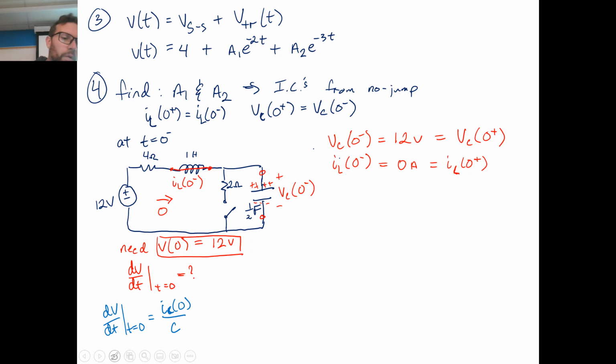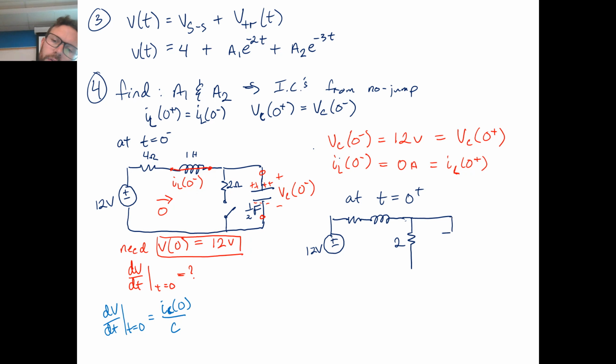And so what we should do then is look at t equals 0 plus. All right, so we've got the 12 volt source, the 4 ohm resistor, the inductor, the 2 ohm resistor, and the capacitor.